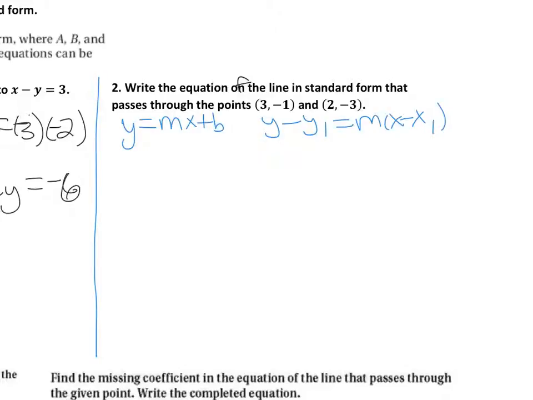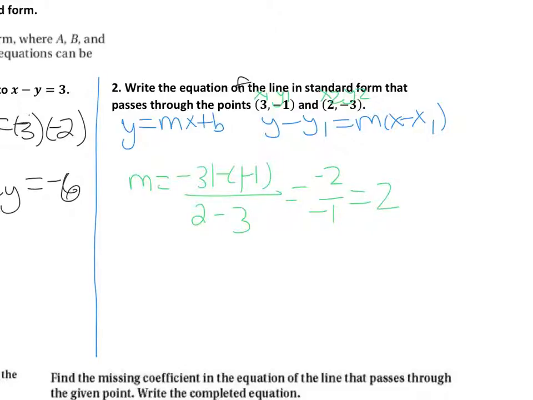So first step here, we need to find the slope. So m equals, and remember this is x1, y1, x2, y2, you get negative 3 minus negative 1 over 2 minus 3. So you get negative 2 over negative 1, so the slope is positive 2.